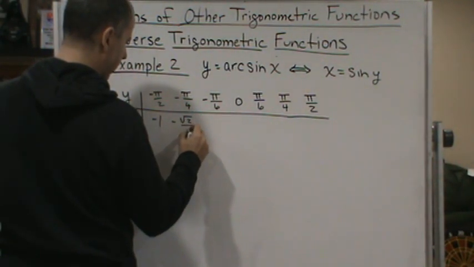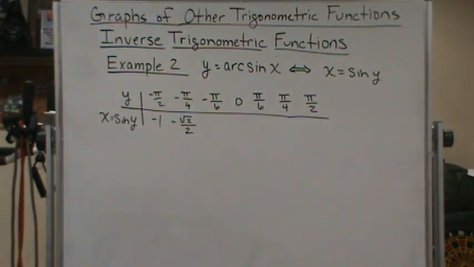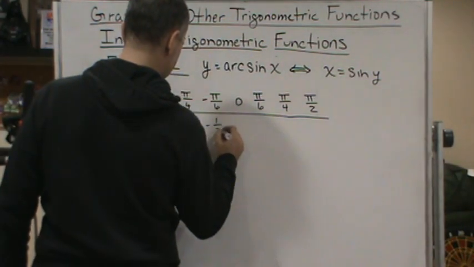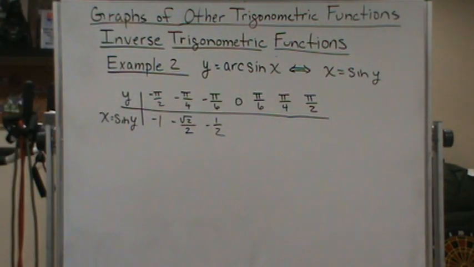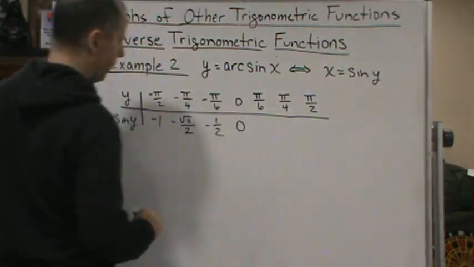It's a 45-degree angle, 45, 45, 90, right? And then for the 30-degree angle, negative pi over 6, we get negative 1/2. And then the sine of 0 is 0. Right?